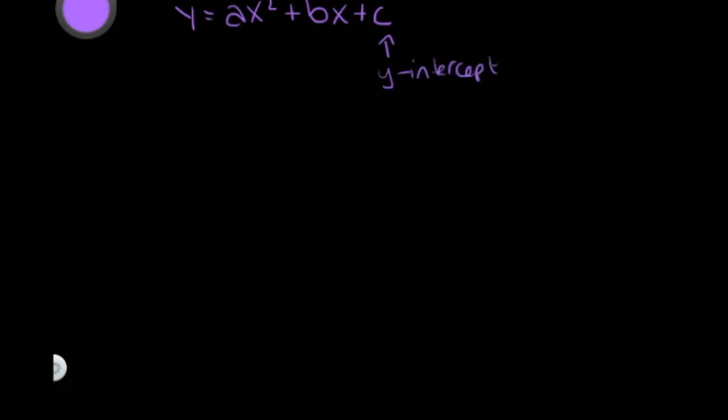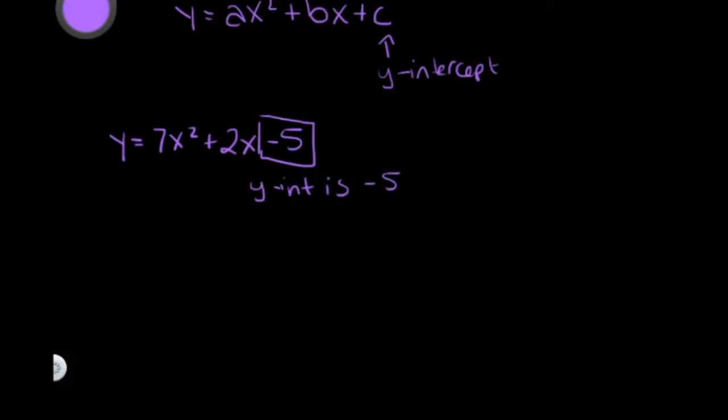So if we have to identify our y-intercept, for example, if we have this equation, y equals 7x squared plus 2x minus 5, what is my y-intercept? Right here. Y-intercept is negative 5.